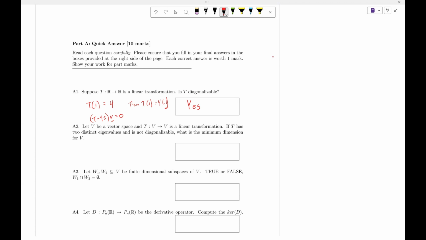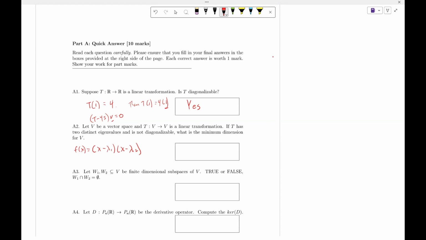Now we're looking at A2, where V is a vector space, T mapping V to V is a linear transformation. T has two distinct eigenvalues and is not diagonalizable. What is the minimum dimension? Well, in order to have two distinct eigenvalues, we need (x minus lambda 1) times (x minus lambda 2) in our characteristic polynomial.